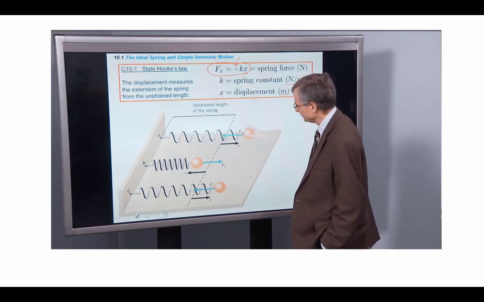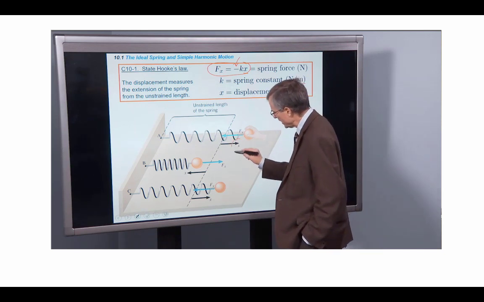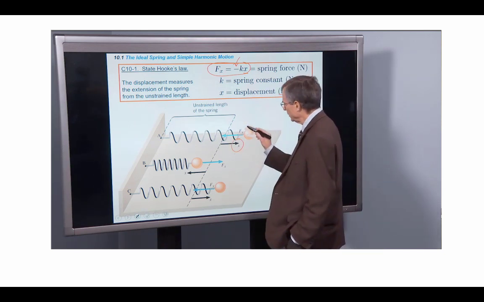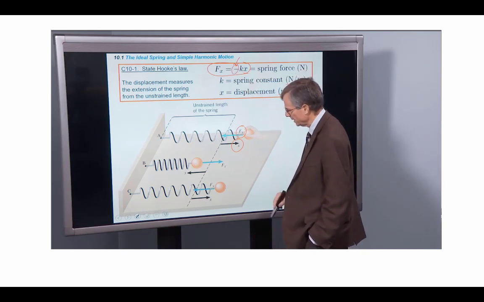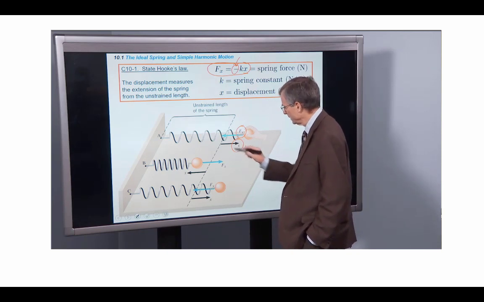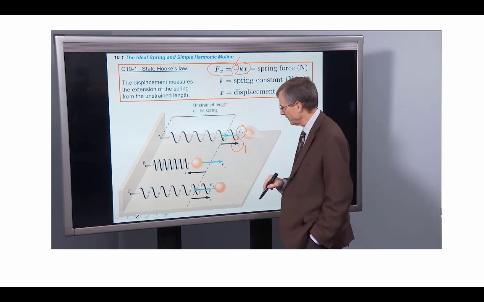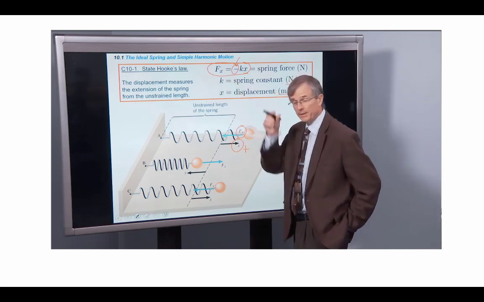And so just noting here in this figure that if the displacement is to the right, the force is to the left. That's this minus sign at work. This is a positive displacement, displacement to the right, so x will be a positive number, and F of x will therefore be a negative number.